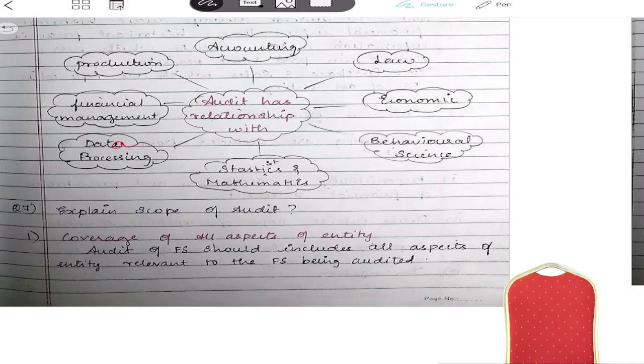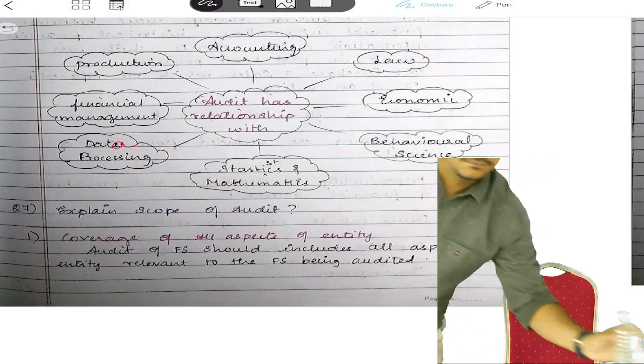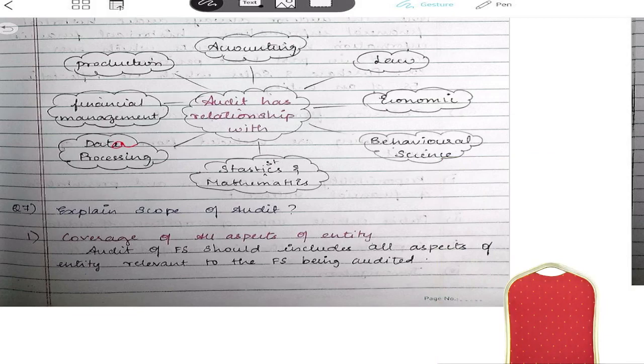An auditor should know what all the frauds are that an employee or a person in the organization will do, so that while verifying, they would easily be able to catch them. So they would have a relationship with behavioral science.